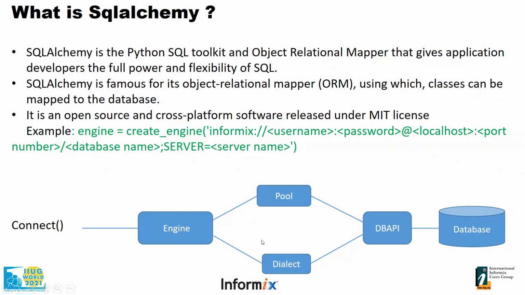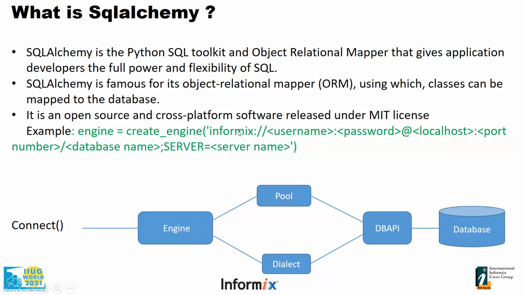Here in this picture, you can see that whenever you create an engine, you have to mention which database you are creating it for and all the information about that. This engine refers to the dialect and pool. Whenever you say create engine, it will look for the dialect.